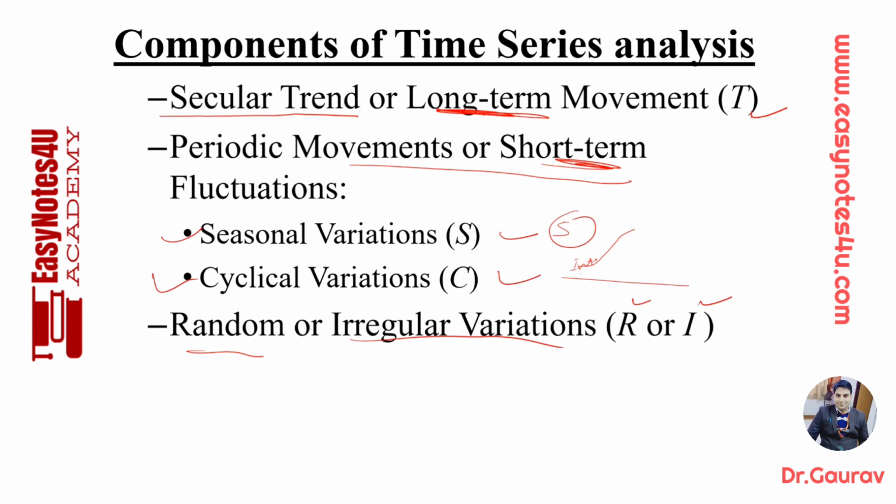Then the growth stage, then the maturity stage. After the maturity stage, it will start declining. So this is the declining stage. Again, after declining, there is the introduction of a new product, then growth stage, then maturity stage, then decline. So it is the cyclical variation. It passes through the different phases again and again.